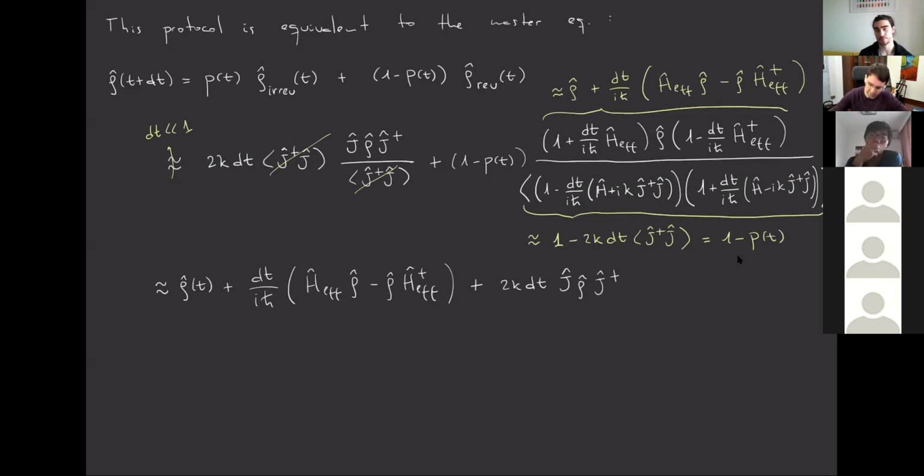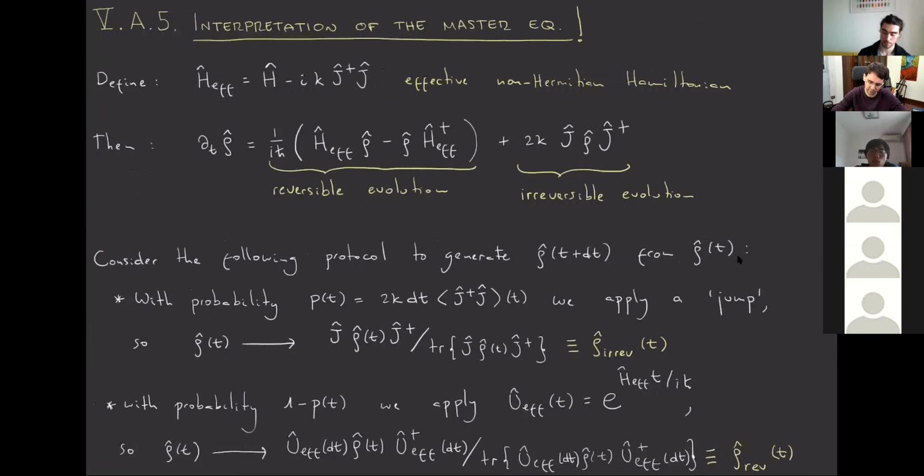Okay, but what is this? This is exactly the master equation, in finite differences. Or if you prefer, take this rho of t to the other side, and you have rho of t plus dt minus rho of t, and you divide everything by dt. Then what is on the right is the time derivative of rho, and what is on the left is exactly what we have written here.